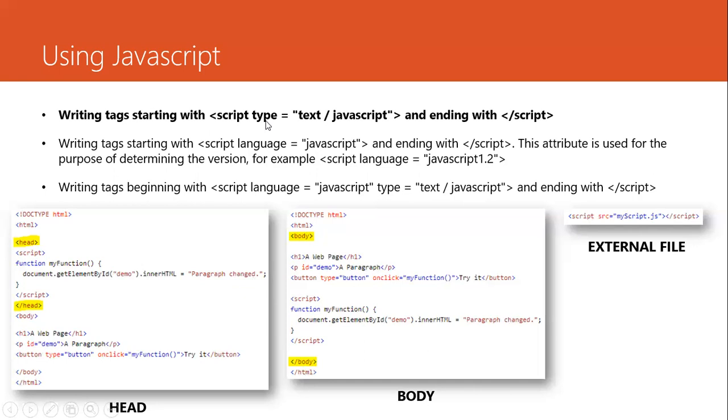After script, we can write type. The type is text/javascript, and we can also add language JavaScript. But usually that is for the older version, if you have an older browser, maybe you need to add something like this.